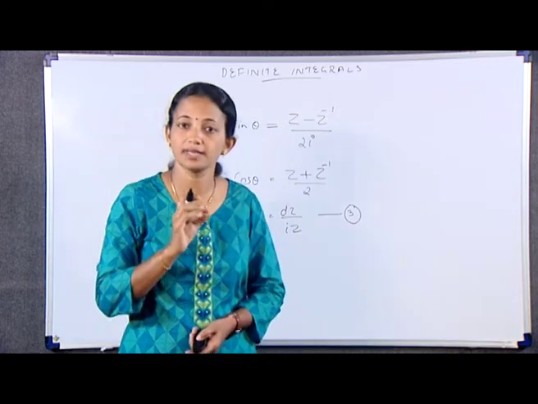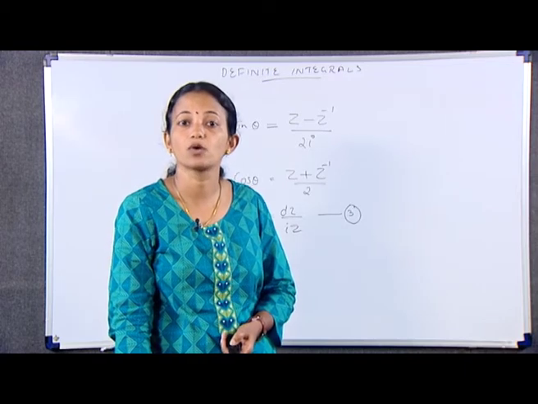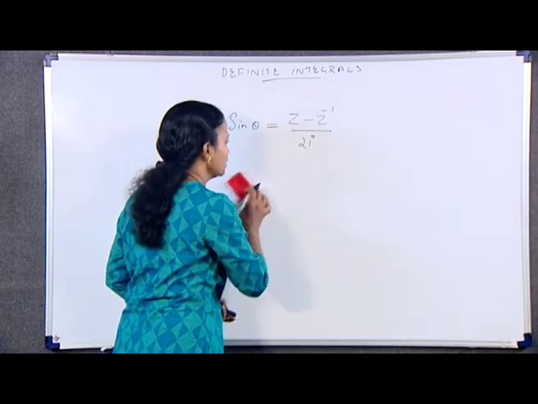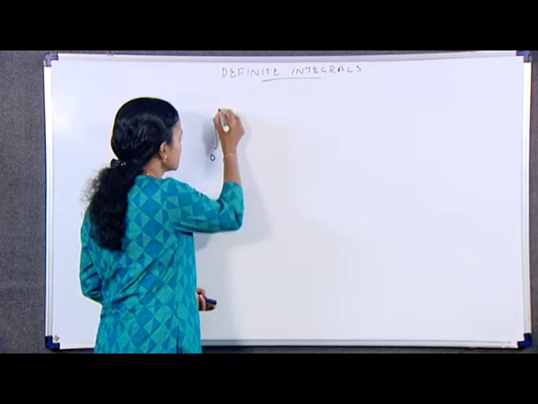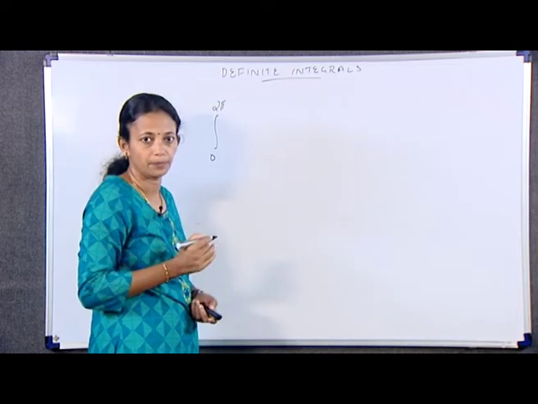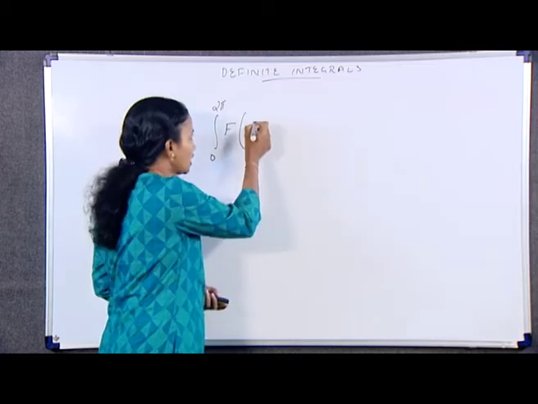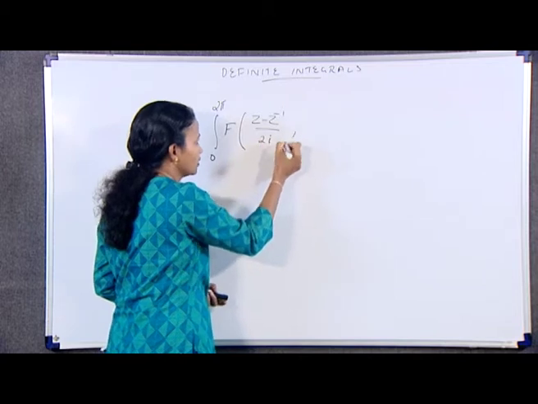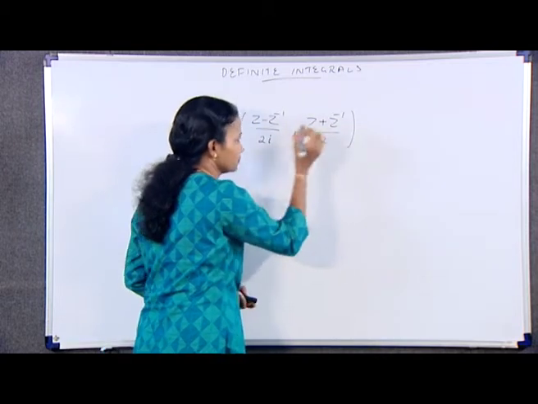And substituting these values into the integral 1, we obtain the contour integral, that is integral 0 to 2 pi f of, instead of sin theta we have z minus z inverse by 2i, comma z plus z inverse by 2.